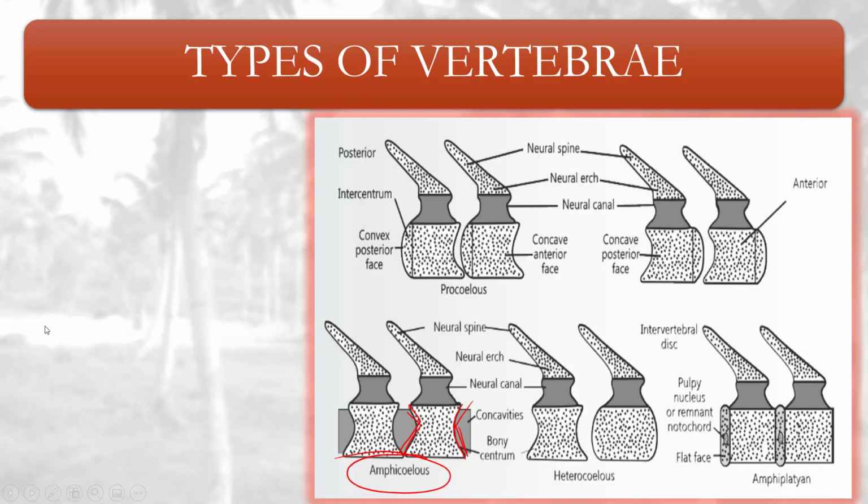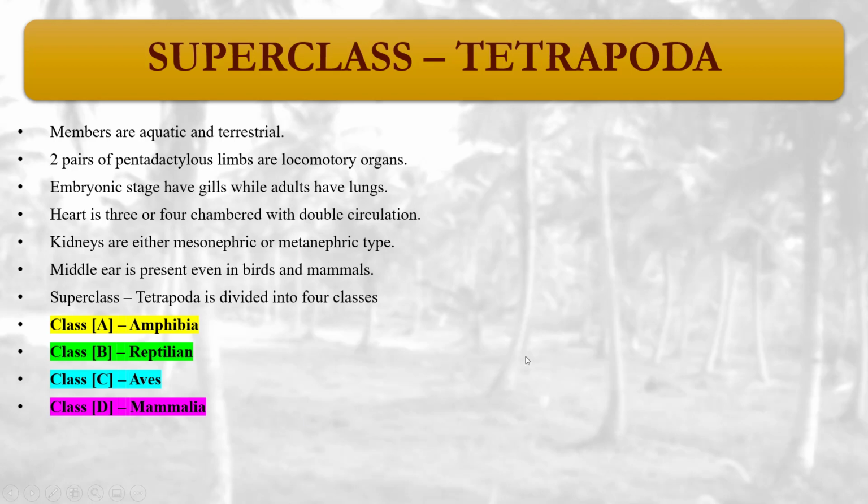Now these are different types of vertebrae. In the previous lecture I also showed you. Okay, so coming to the next, now we are going to talk about superclass Tetrapoda. Tetrapoda means it is having four pods, means four limbs. So what are the characteristics?